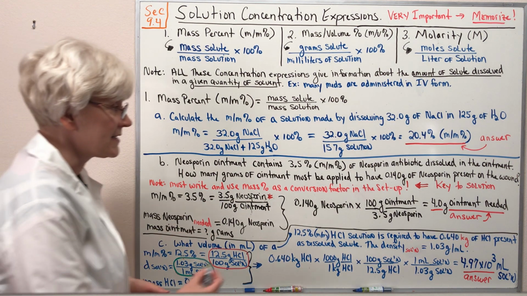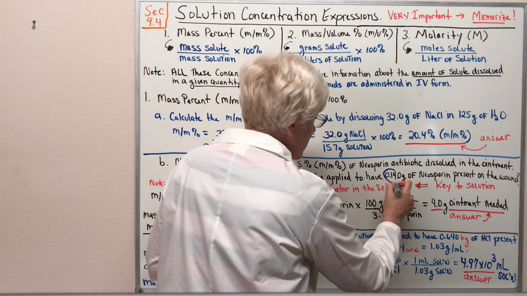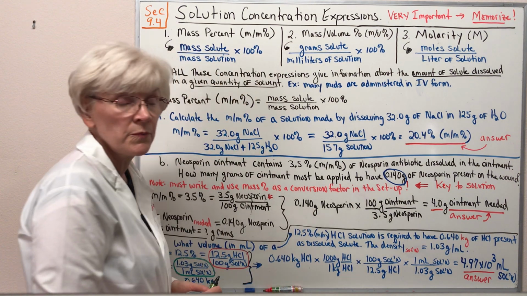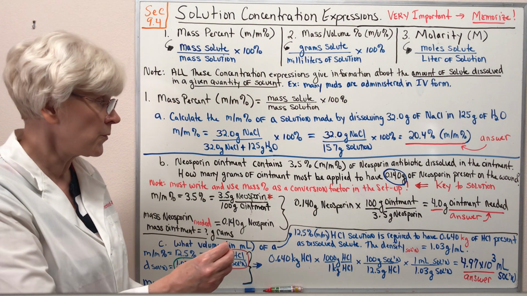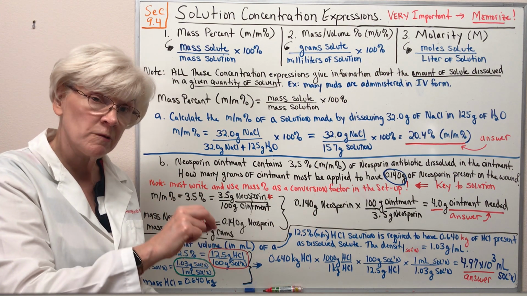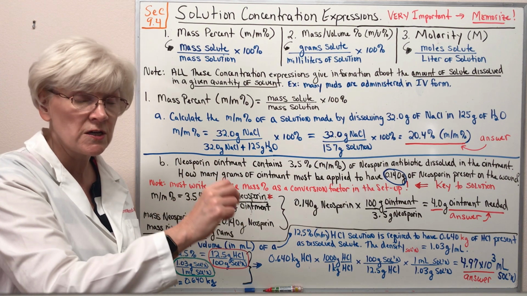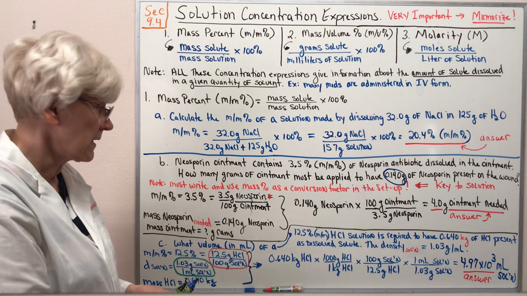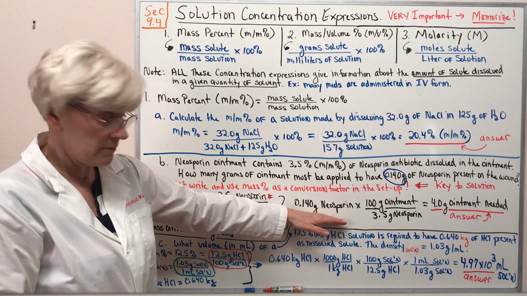And now we're going to take a look at our starting data value. We need to obtain 0.140 grams of Neosporin on the wound. How much ointment do we have to apply to have the Neosporin present as dissolved solute in the ointment? A very straightforward conversion factor problem.